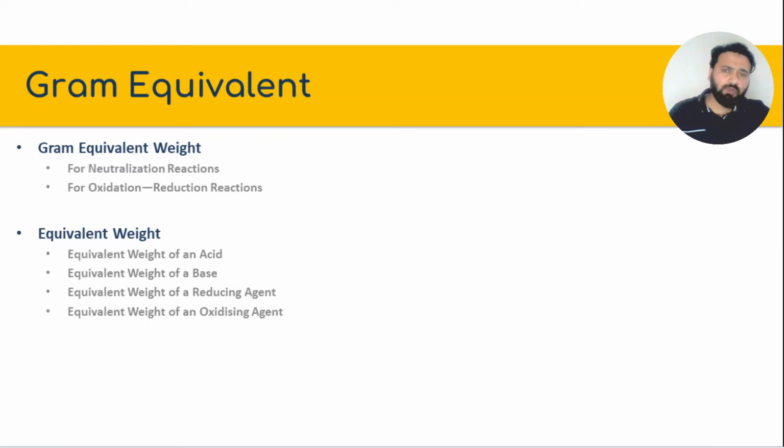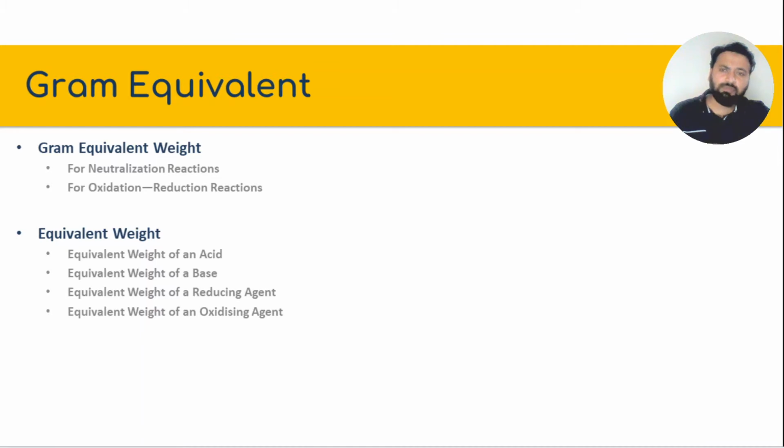But as of now, the gram equivalent weight, GEW, is the weight in grams that is chemically equivalent to 1 gram atom of hydrogen.